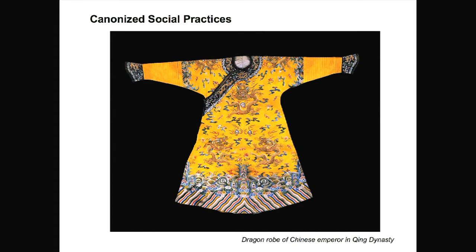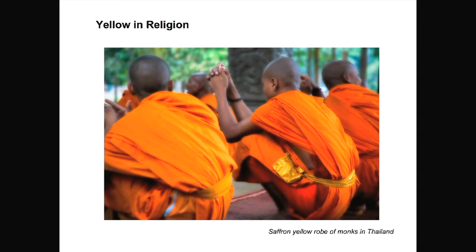The social fabric is canonized in this imperial robe of the Qing dynasty. And in a religious sense, the yellow is so important. The saffron yellow is really the unifying color in religiosity throughout Asia and beyond.